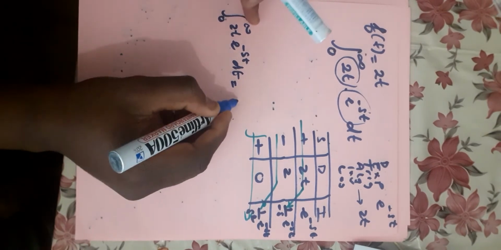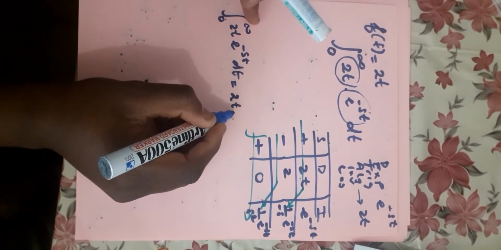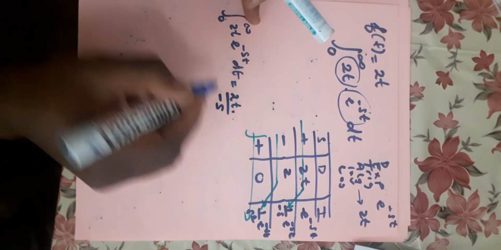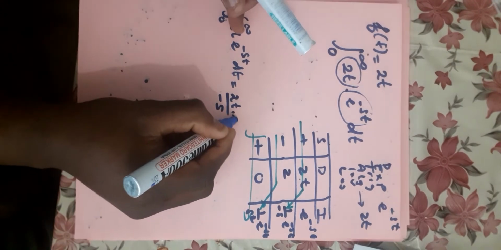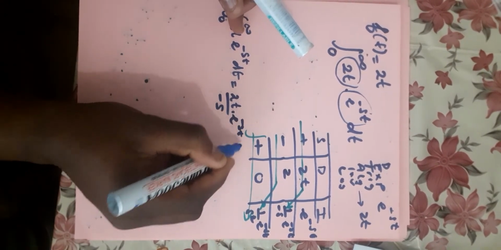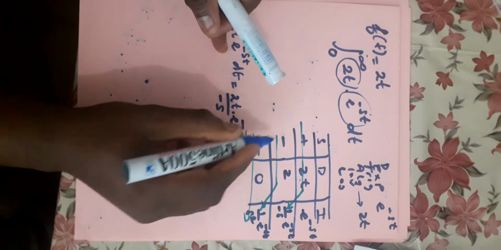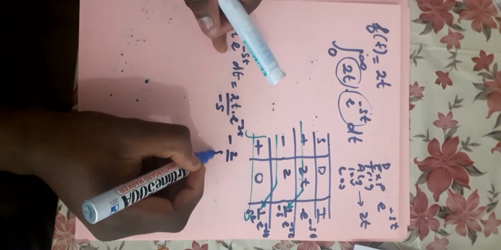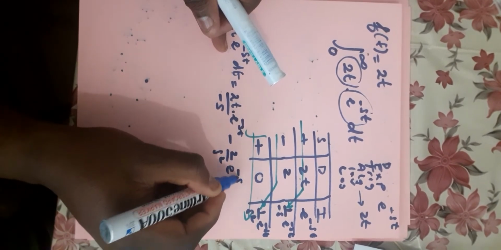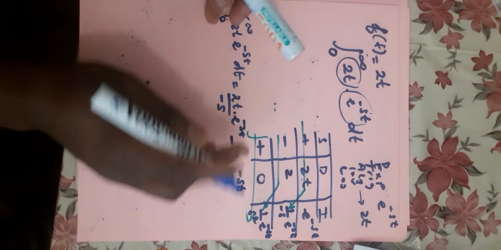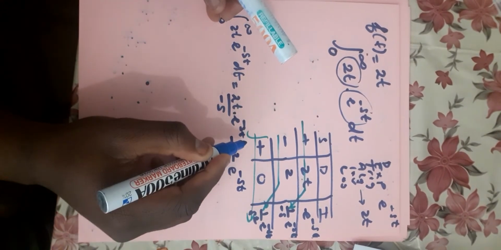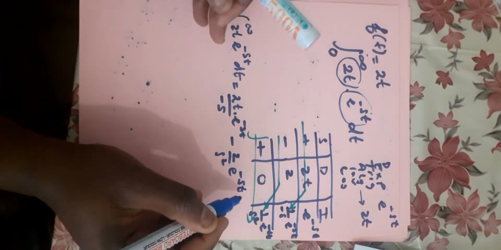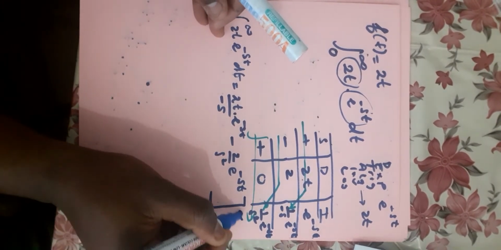It's going to give me 2t multiplied by 1 over s, e to the power minus st. And then the next term is minus 2 multiplied by this, minus 2 over s squared e to the power minus st. And the last term is plus the integral of 0 times what? It's going to give me 0. So this is what we have, but at the end we put our limits.